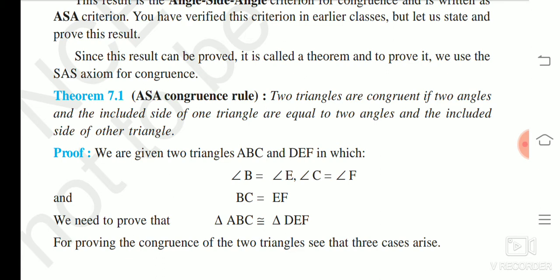We are given triangles ABC and DEF, with angle B equal to angle E, angle C equal to angle F, and the side in between, BC equal to EF. So triangle ABC is congruent to triangle DEF. This we need to prove.